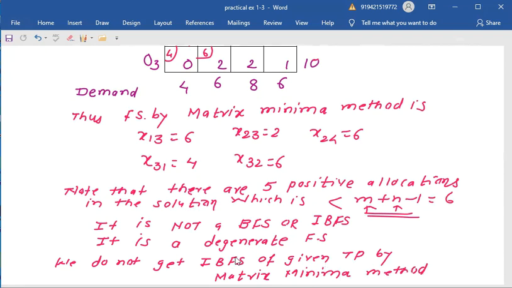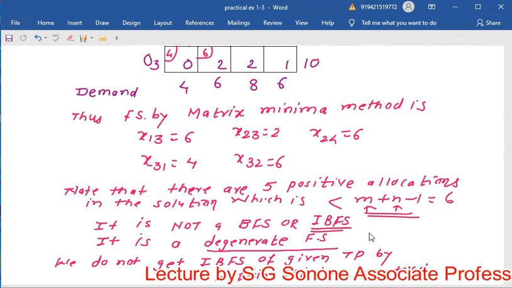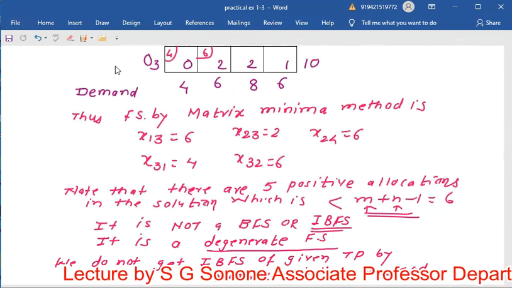So we say that degeneracy occurred in the initial solution. That is, while finding the initial solution, degeneracy occurred in the transportation problem. How to resolve this degeneracy we will see later, because we want a non-degenerate initial basic feasible solution to get the optimal solution.